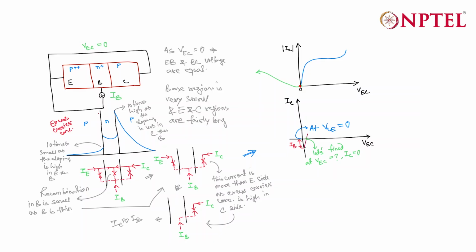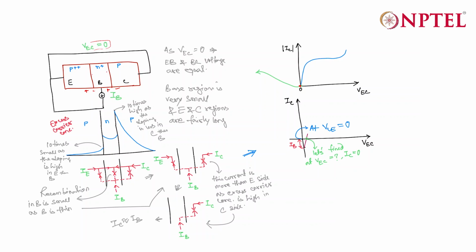Now when your VEC is equal to 0, your emitter base voltage and the collector base voltage will be equal, and they should be opposite in nature, and then only they will cancel out and your VEC will be equal to 0. So in this case, your emitter and collector are shorted.